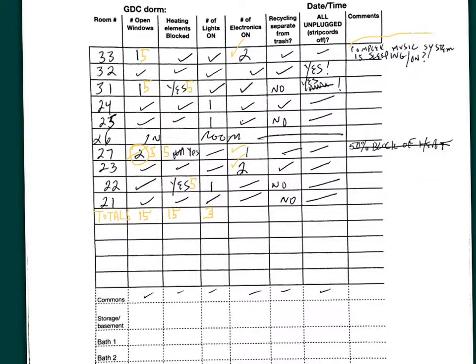And you note right here that Ted wasn't really sure about the music system being on or off if it's sleeping. Well, standby is off, right? If you can't turn it off any more than that, then that's what you're limited to. So this one is really just 1. Okay, so we have 1, 2, 3, 4 total points for electronics. And it's good that Ted noted that. That gives me information when I do this scoring.